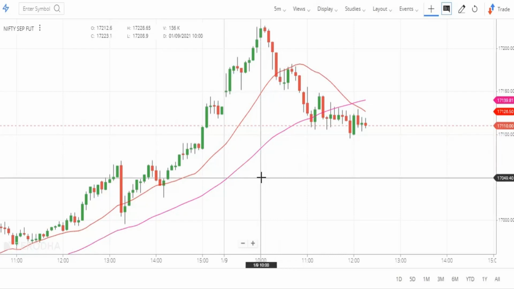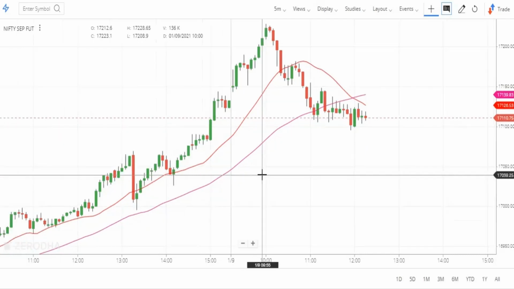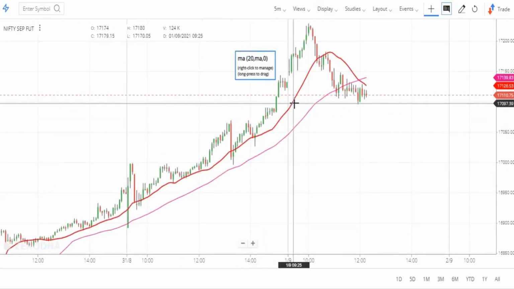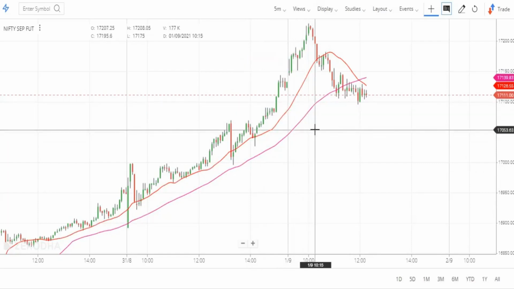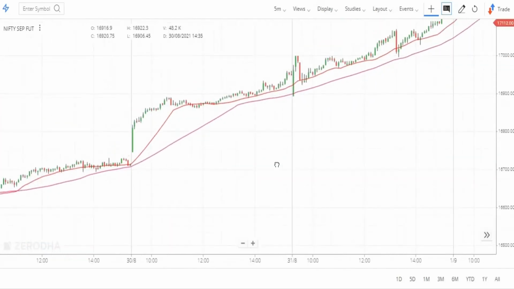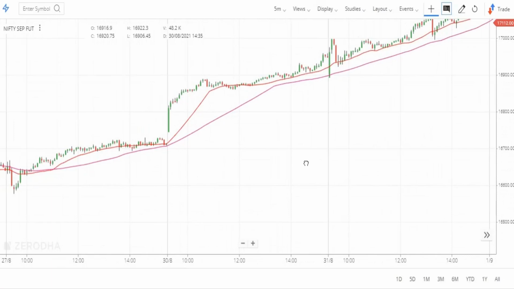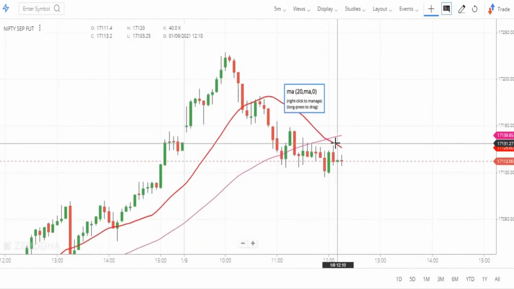This concept is called moving average crossovers. Whenever the fast moving average crosses over the slow moving average in any particular direction, we have to take a trade, or rather it tells us the upcoming direction of the market. Like here, the slow moving average is getting crossed by the fast moving average.